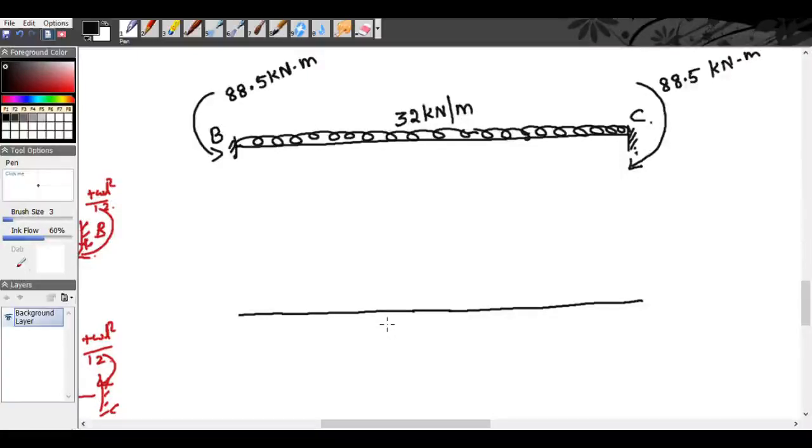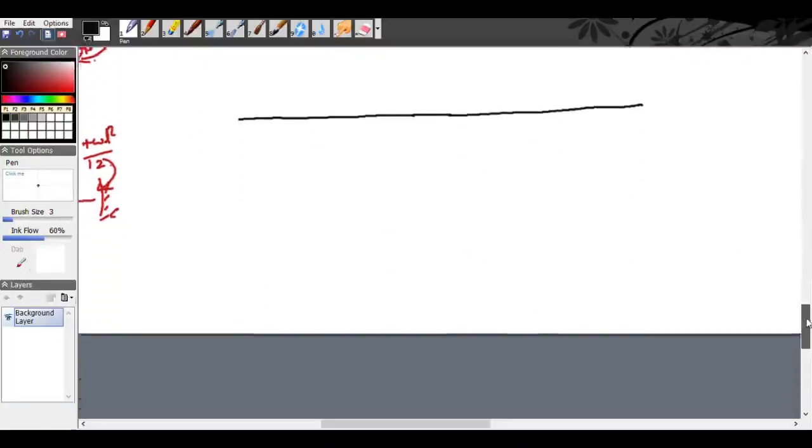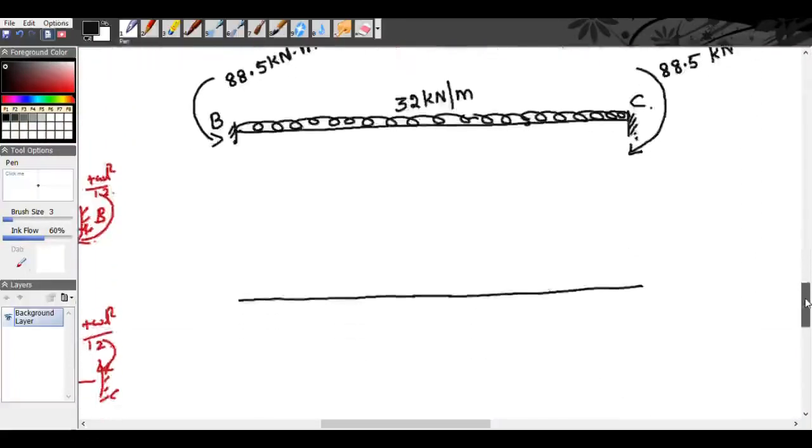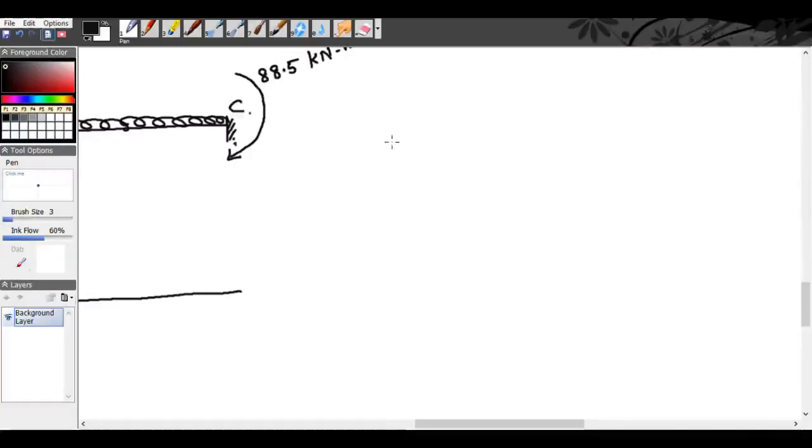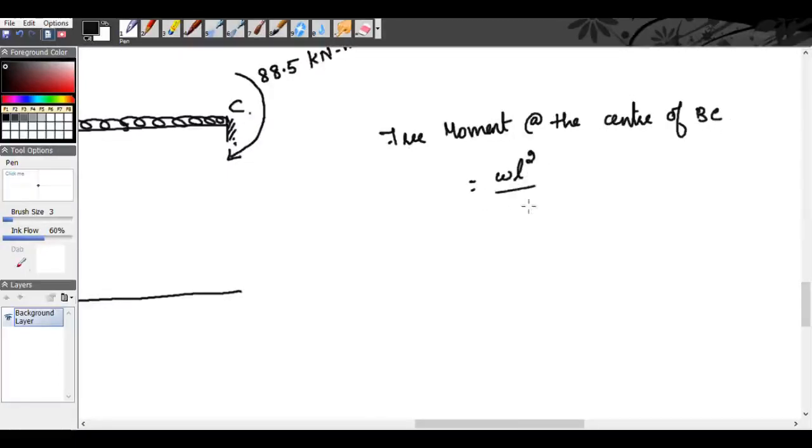Okay, so it is WL square by 8. So I will write here, free moment at the center of BC is equal to WL square by 8.